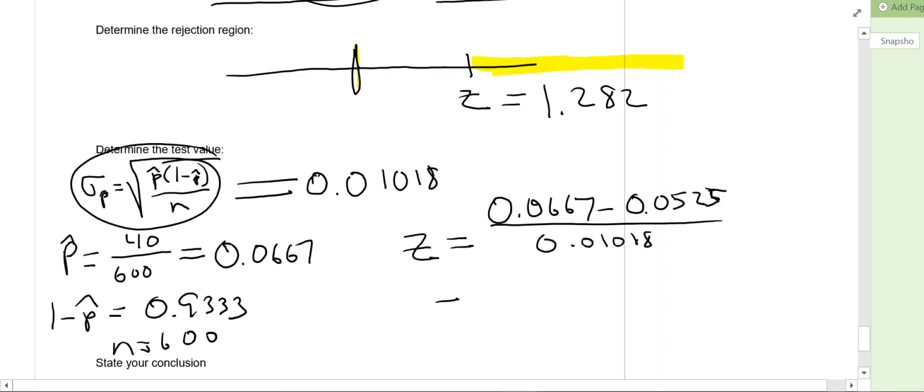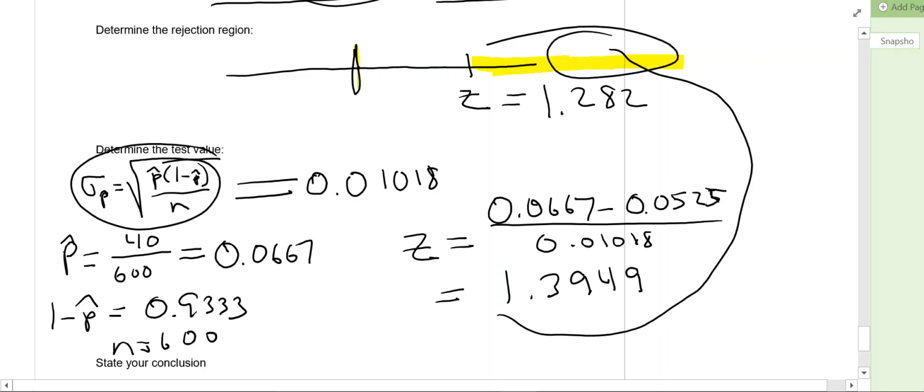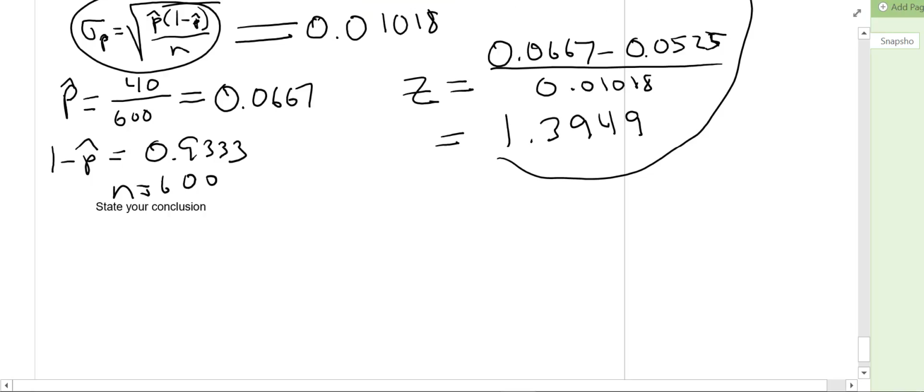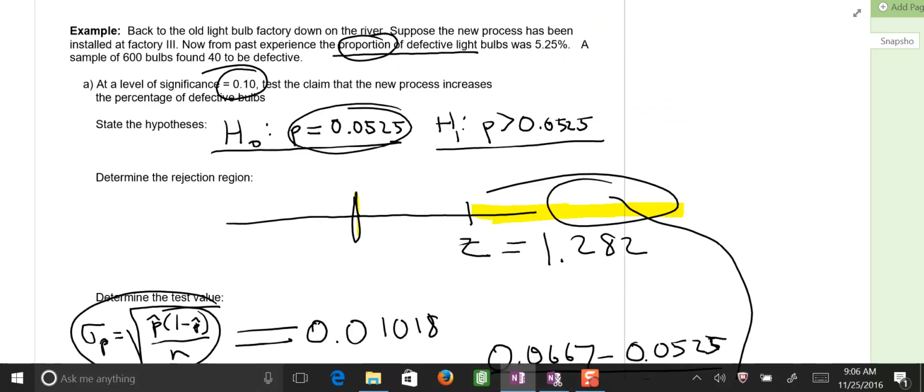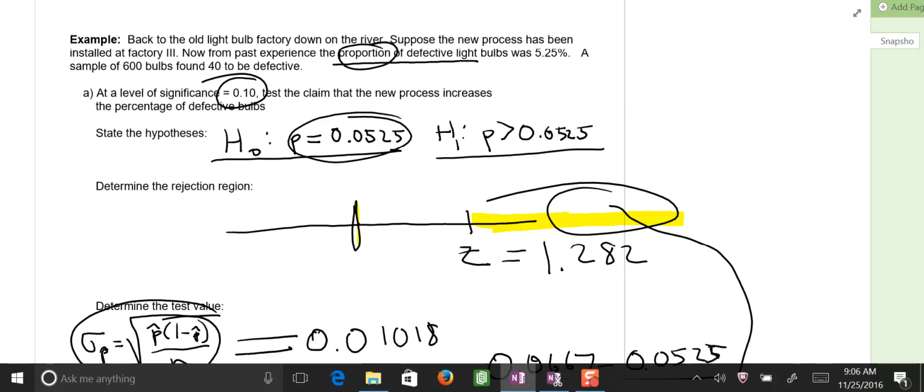You get your calculation, and it comes out to be 1.3949. That is in the region of rejection. So we reject with the possibility of committing a type 1 error. And the probability that we committed a type 1 error is our level of significance, which is 10%.